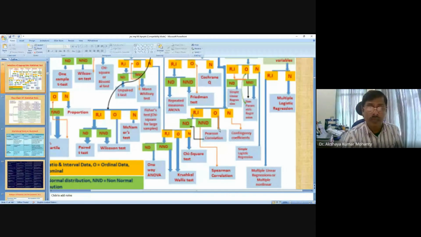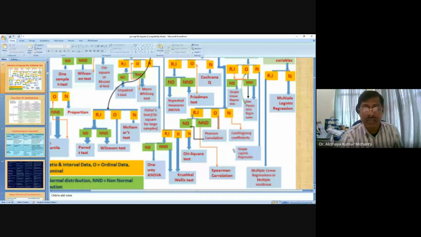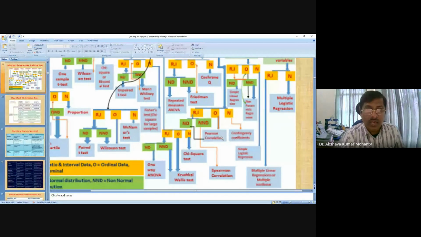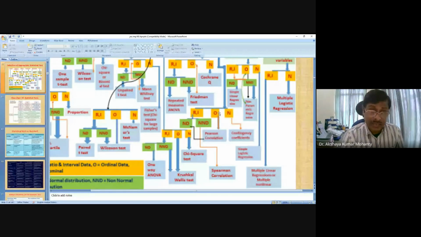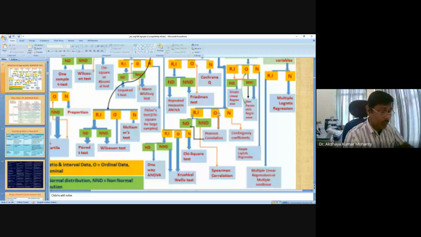Now we have to go for the ordinal scale. Under the ordinal scale also there is a chance of getting the Pearson correlation coefficient, but actually it should not be like that. If it is ordinal, it should be the Spearman correlation, because this is called rank correlation; the ordinal approach is a rank approach. Now you can ask why it sometimes comes under Pearson correlation.